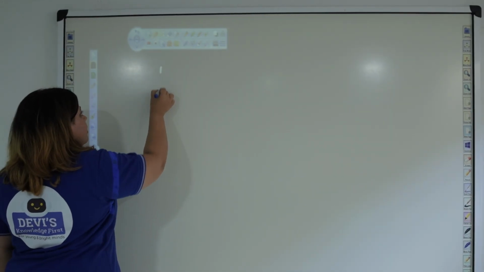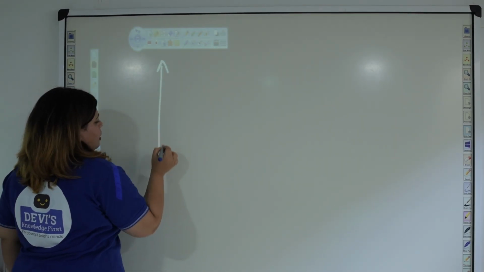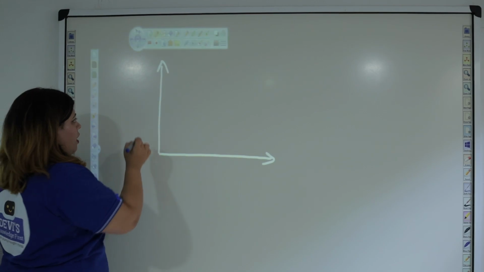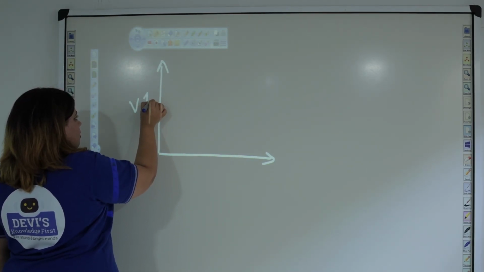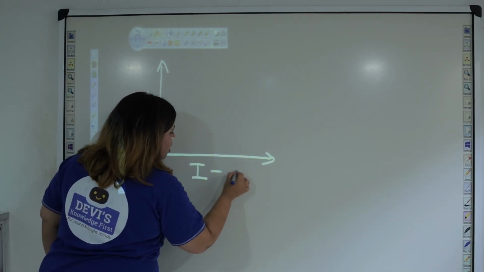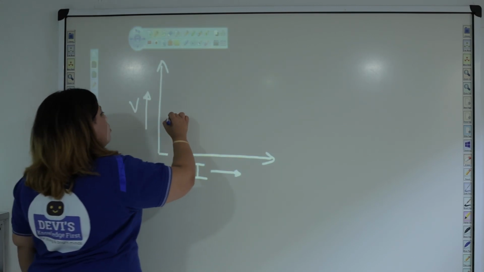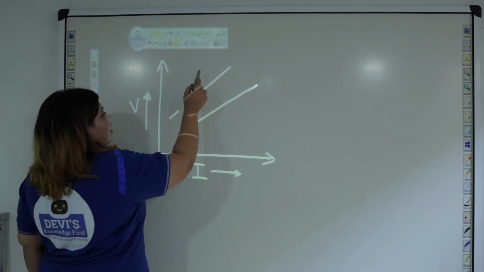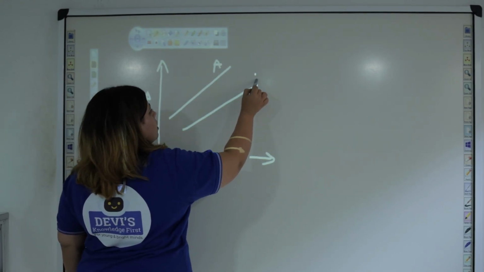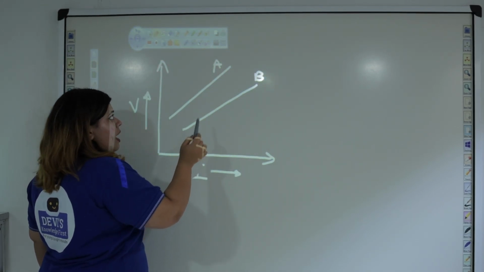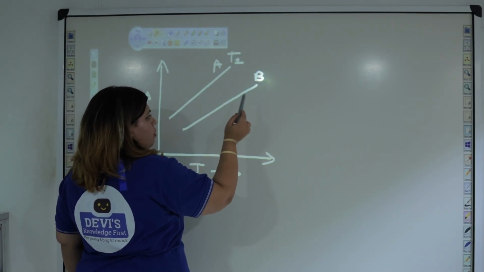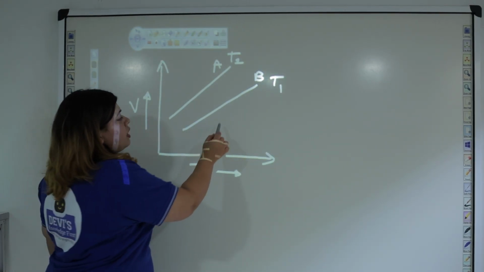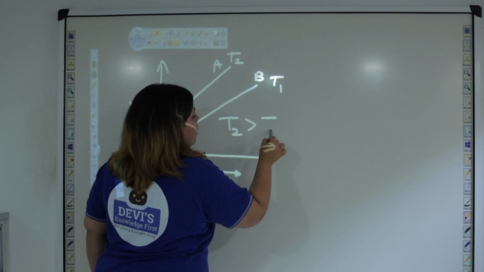I also told you that resistance depends on temperature. Now let's consider a VI graph, not an IV graph, and I'm drawing two conductors, conductor A and conductor B. Conductor A has a temperature T2 and conductor B has a temperature T1, so T2 is greater than T1.